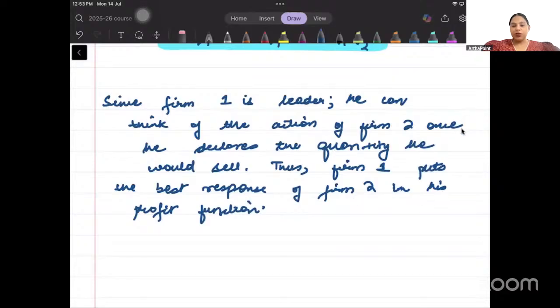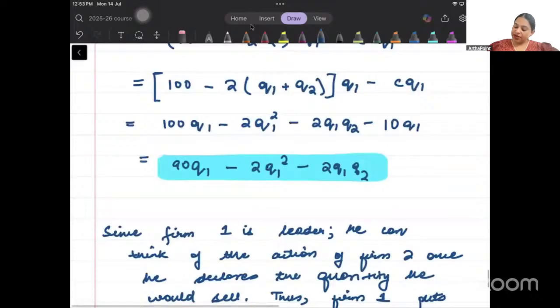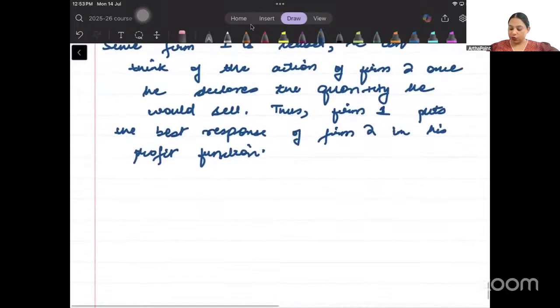So we are going ahead and we are substituting, beta. Firm 1, क्योंकि वो सबसे पहले act कर रहा है, he knows exactly how firm 2 will react, in accordance with what he has already done. So what firm 1 is now going to go ahead and do is, he's going to substitute the best response function of firm 2 here, right? So what will you go ahead and what will you get?